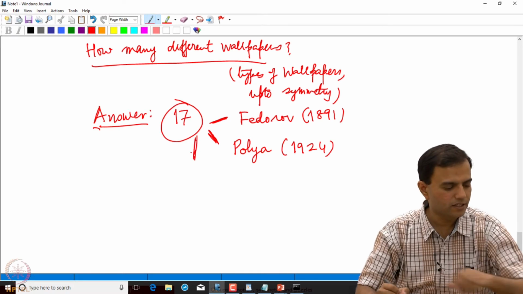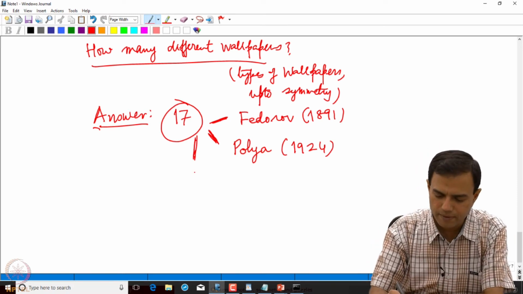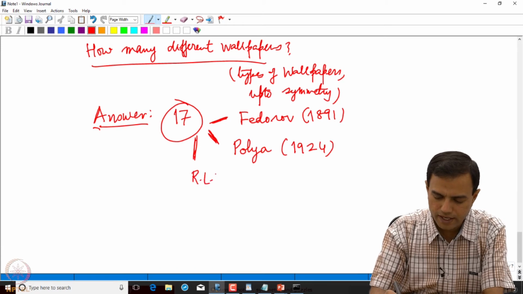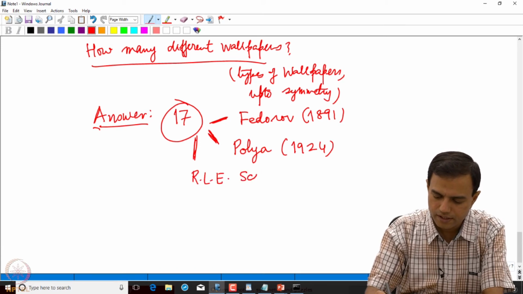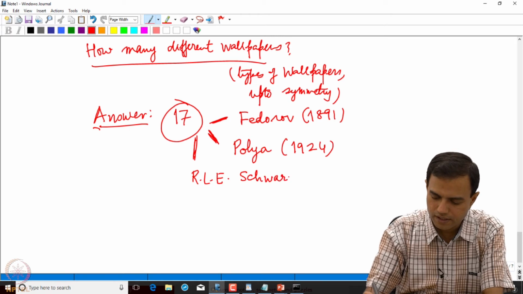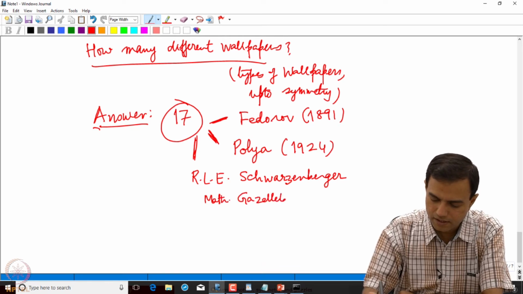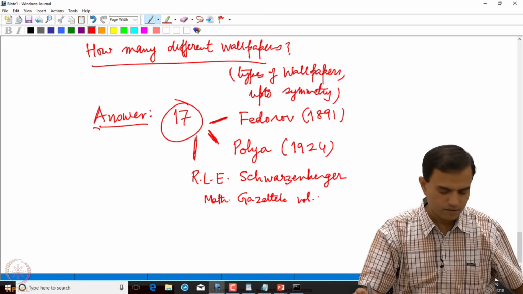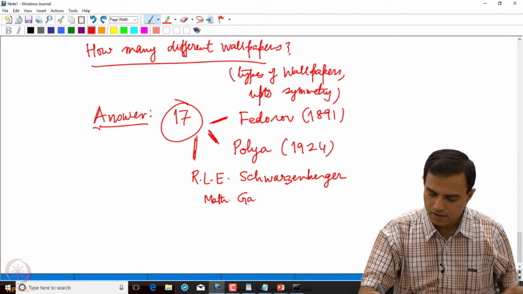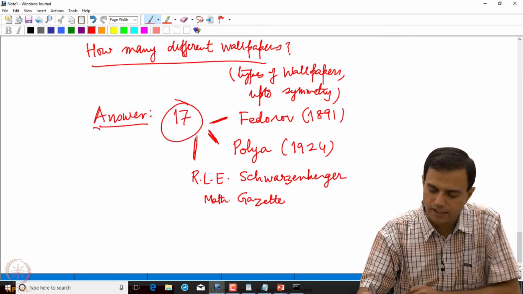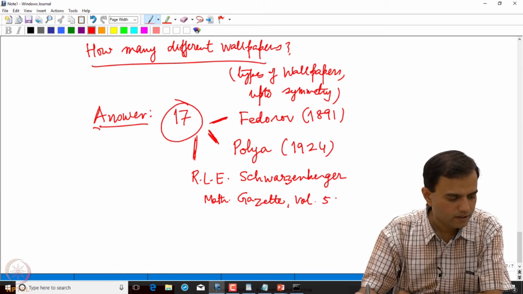And a very nice reference for this is an article by R.L.E. Schwarzenberger, and this article appeared in Mathematical Gazette, volume 58.